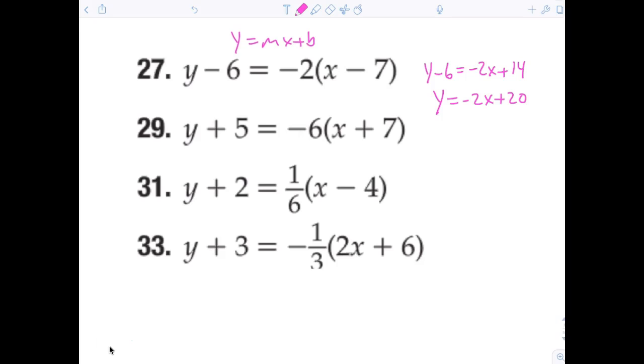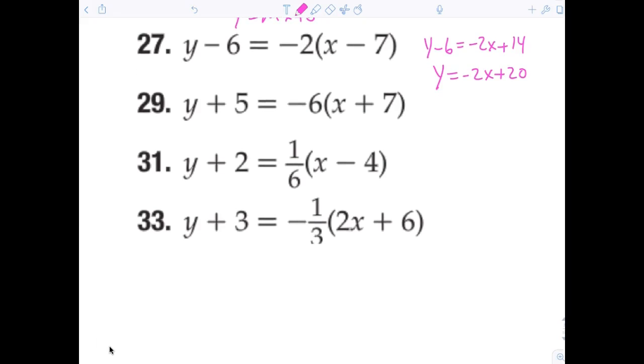Yes, have at it. What do I do first? Redistribute. That's right. So what do I get? y plus 5 equals negative 6x plus negative 42. Beautiful. Now what? Minus 5.